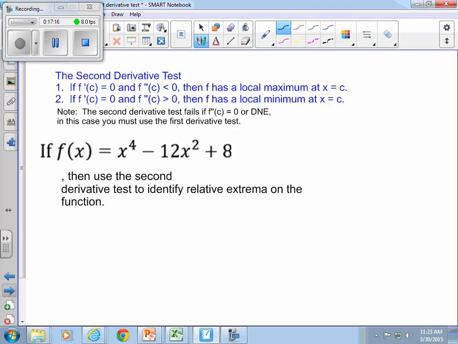A lot of times they'll show up on table sheets. Use the second derivative test to identify relative extrema on the function. It also comes in handy when you are without a calculator. Occasionally, the second derivative test is nicer. On polynomials, the second derivative is usually a little easier to deal with than the first derivative.